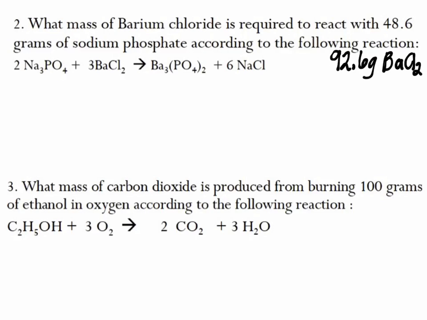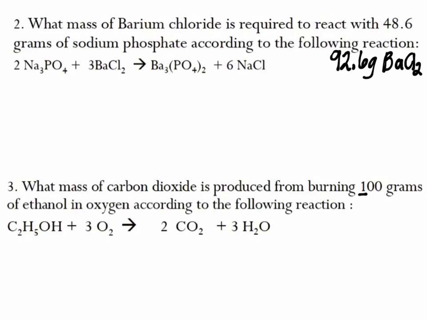For the bottom one, it has 100 grams. How many sig figs are in 100 grams? There is just 1, because those 2 zeros are trailing. So I want this to be a 3 sig fig answer.